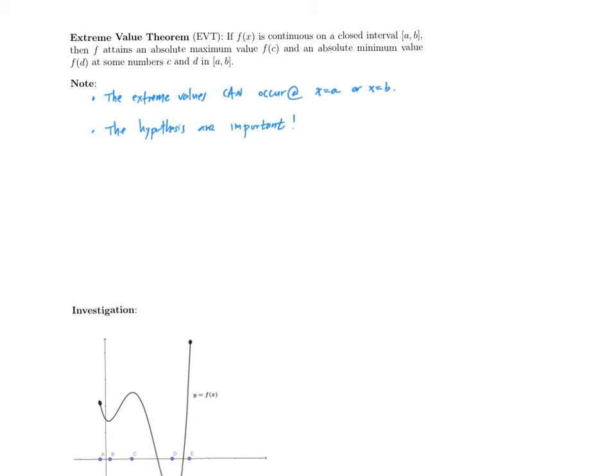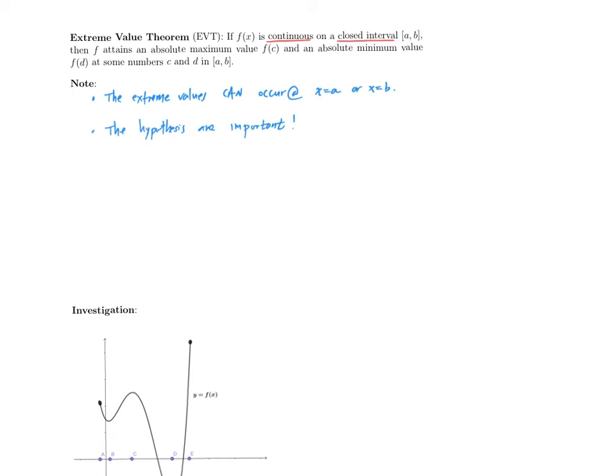And if we look at the statement of the extreme value theorem, the hypotheses would really correspond to our assumptions. If f is a continuous function on a closed interval. So those are kind of the two key hypotheses.